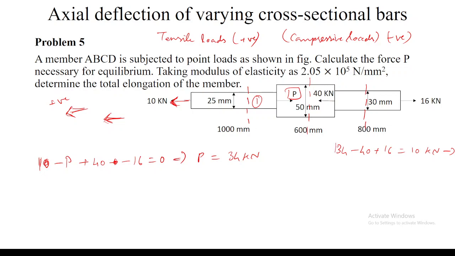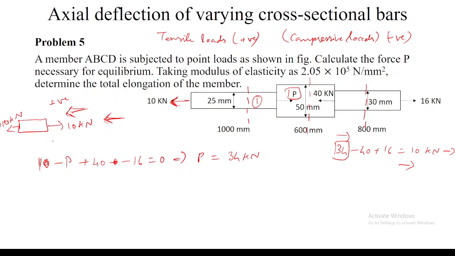Here I am following the sign convention that force in this direction is positive. So 34 I write as positive, minus 40 plus 16 equals 10 kilonewton, acting towards this side. When I draw the free body diagram of member 1, it will look like this: 10 kilonewton acting towards the right side, and for this section 10 kilonewton acting towards the left side.